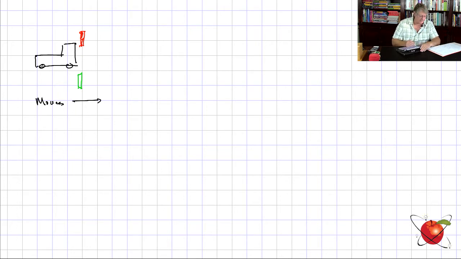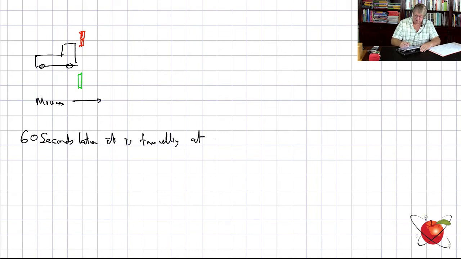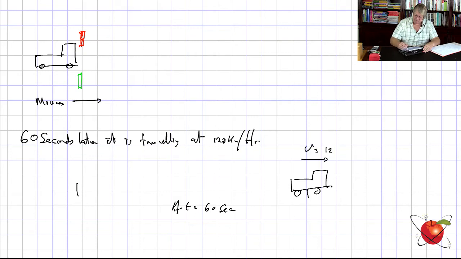Then they say 60 seconds later, it is traveling at 120 kilometers per hour. So let's draw from here to there. Delta t is equal to 60 seconds. The truck is now here, and it now has a velocity equal to 120 kilometers per hour.